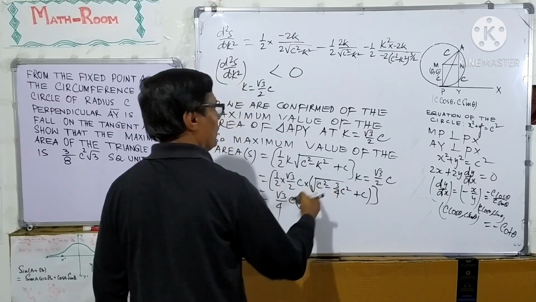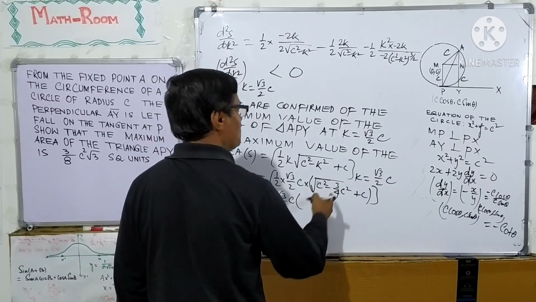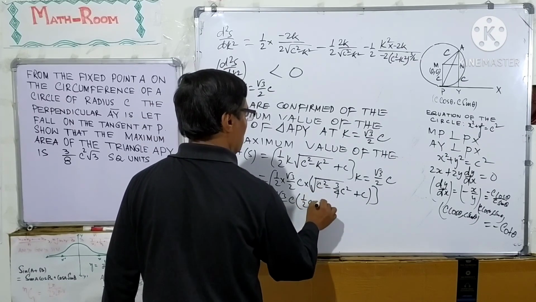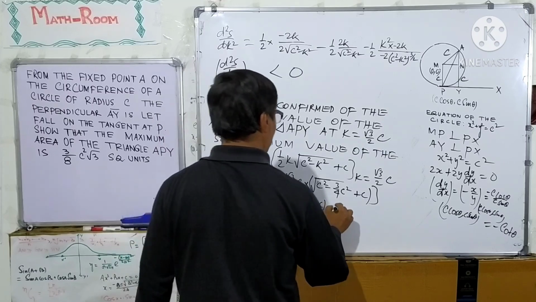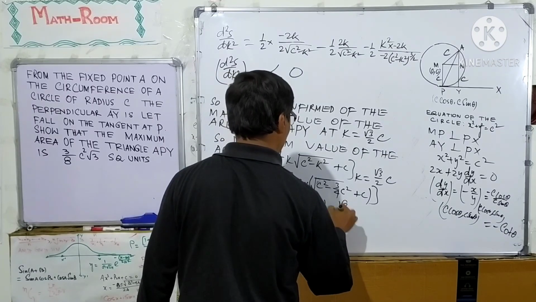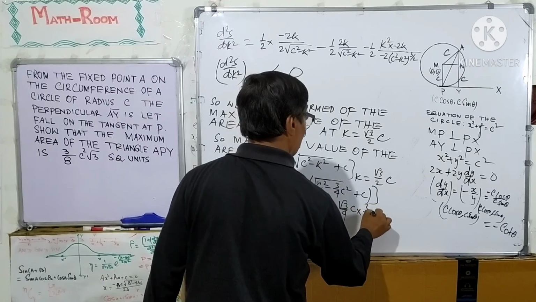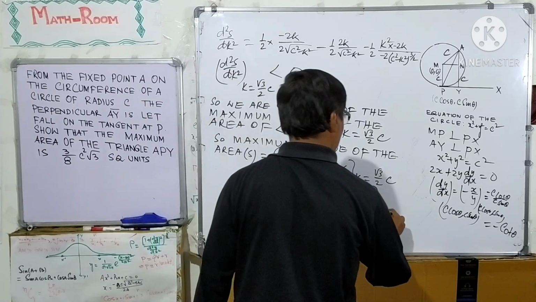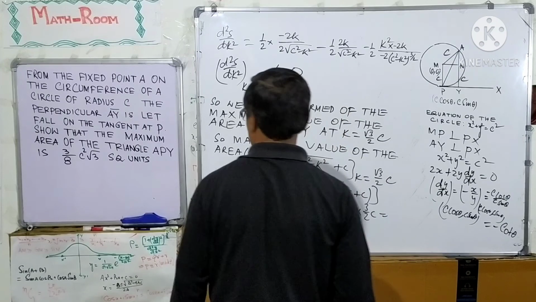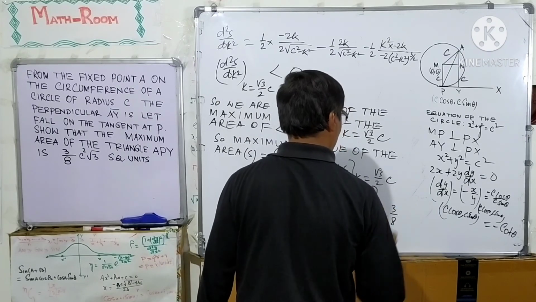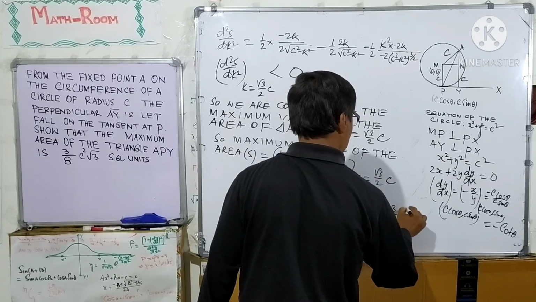into root of 1 over 4 c square, that is half c, plus c, equal to root 3 over 4 c into 3 over 2 c, which is equal to 3 root 3 over 8 c square.